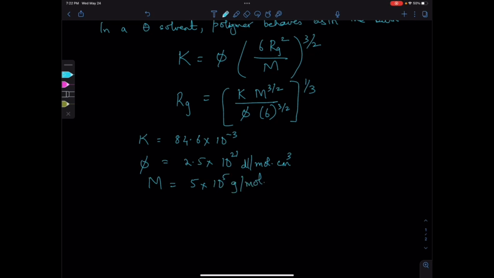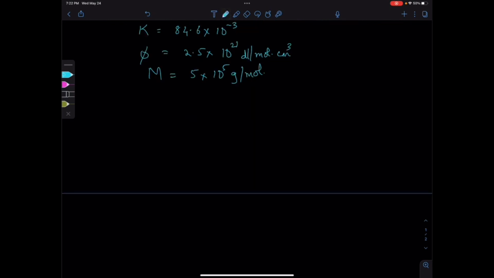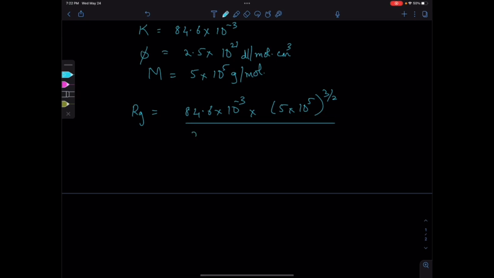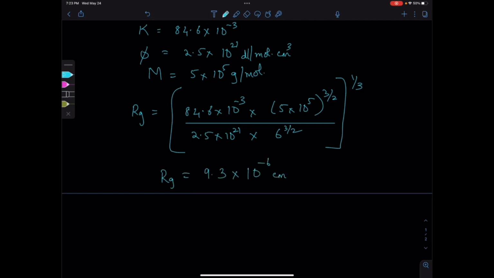So plugging in all these values, by calculating, we find that Rg equals 9.3 times 10 to the negative 6 centimeters.